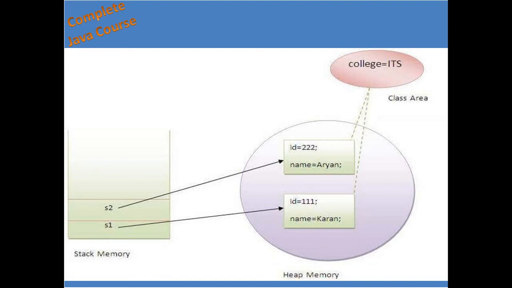If you define the college name as an instance variable, then you need to add one field in each object in the heap memory, so it will be a wastage of memory. That is why we use the concept of static.